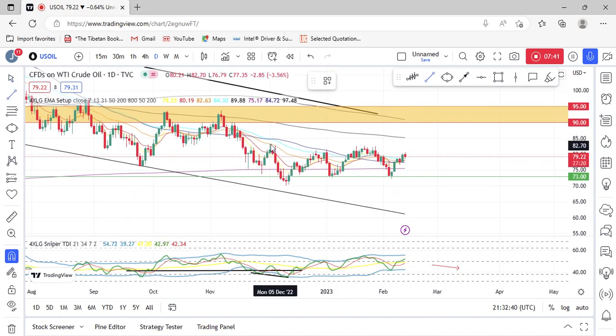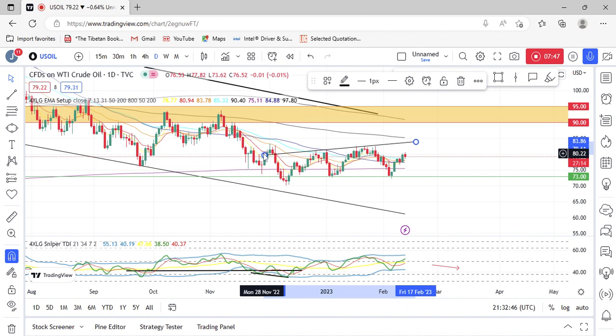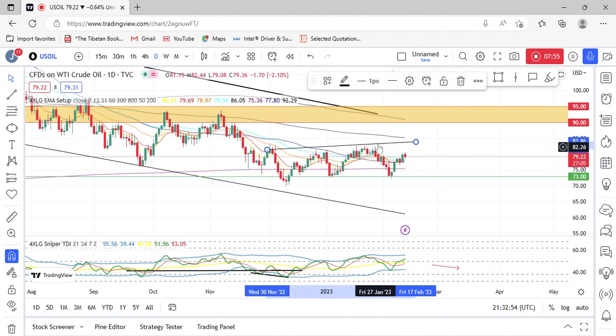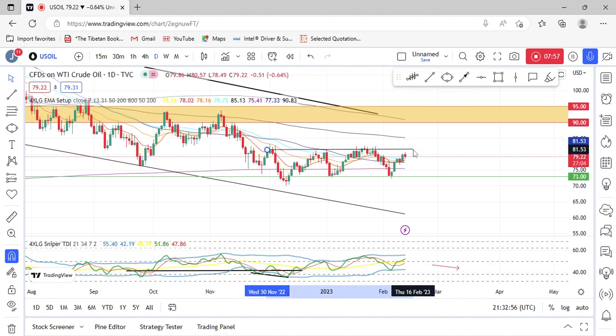We have a structure here on daily, which is from November 2022. This has been the bounces for the current time. For the current time, so also we must see a respect for a bearish continuation.